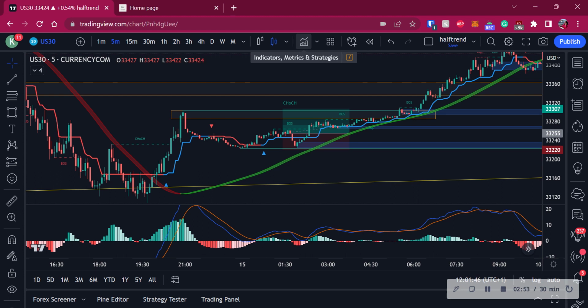And if you see all my earlier videos, I would have shared how I take my trades based on my pin bar strategy, right? But this whole strategy, half trend and MACD, was very recently introduced to me by a friend who is a seven-figure trader, and I thought, why not just give it a try.